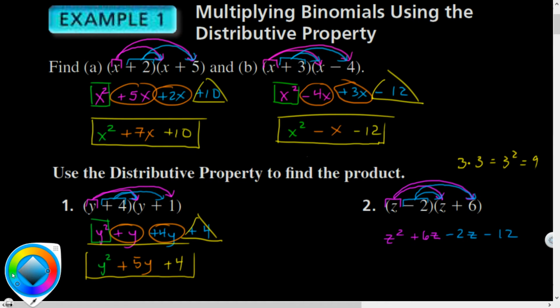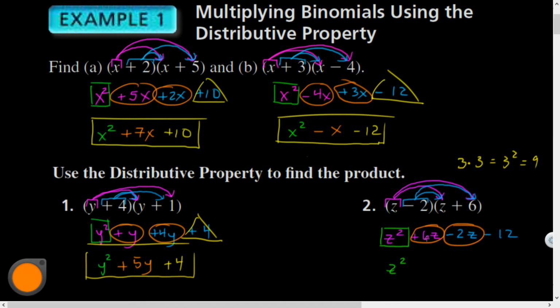So for combining like terms now, because I want to simplify this and write it in standard form, from highest exponent to lowest, are there any other z squared friends? Nope. Just regular old z squared hanging out by itself. And then let's see, 6z minus 2z.